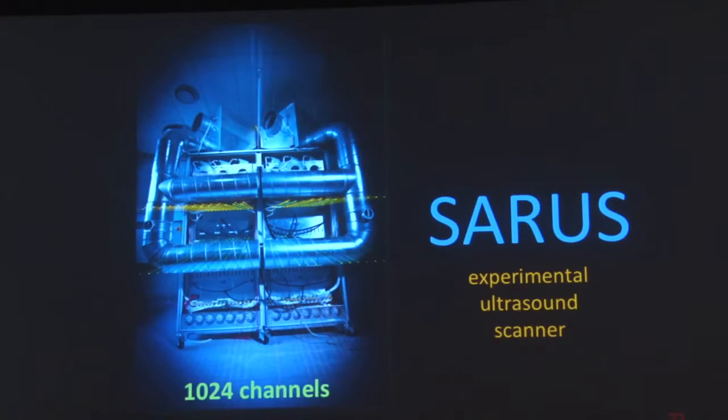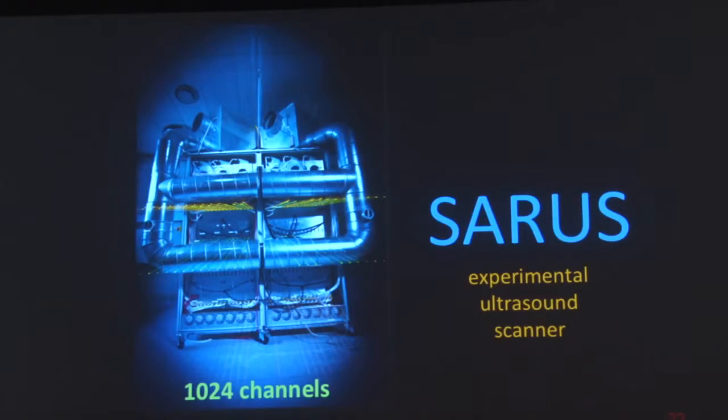We can sample from all those 1,024 channels at the same time, at 70 megahertz with 12-bit precision. That gives us unique access to the RF data of our 32 by 32 element transducer. We can then store the data in RAM, download it to our cluster, and process it afterwards. This machine also has real-time processing capabilities.